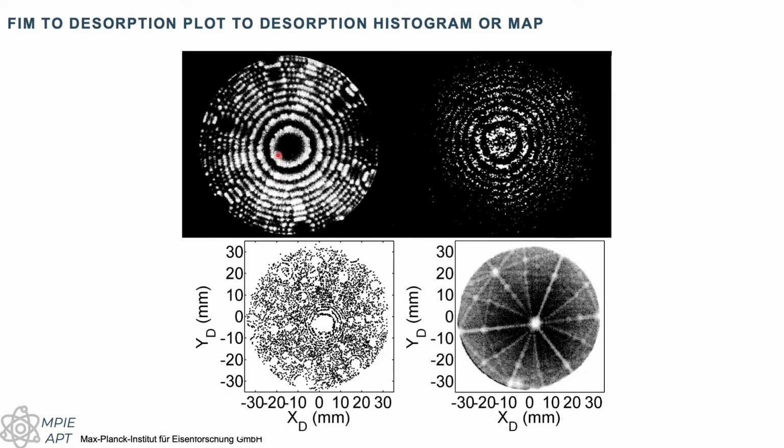For those of you who think, oh yeah, it's field ion microscopy, I can't actually use it, the pattern that we see in the field desorption image or on the detector map, sometimes we can actually retrieve this ring pattern also from the detector impact positions.